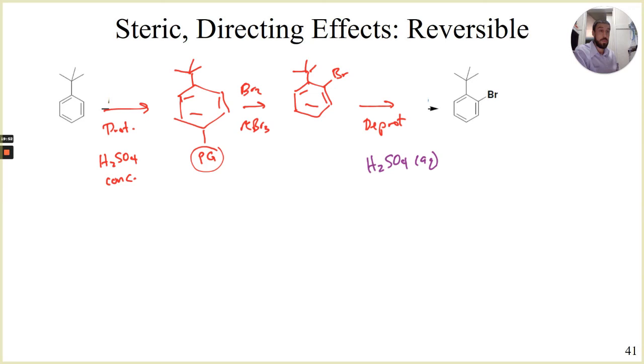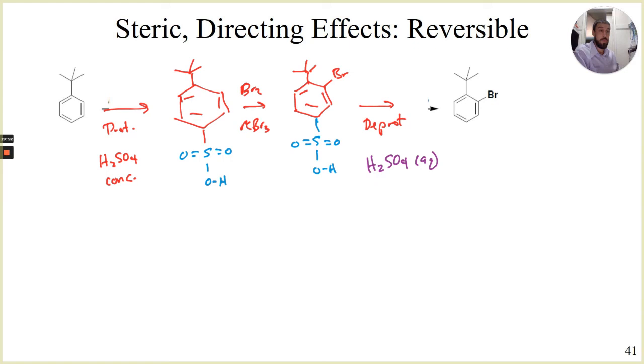So now we've put on that sulfate. It's no longer just a protecting group here. We would put on the SO3. That SO3 blocks the para position to substitution, so that when I do the Br2 and FeBr3, the only available site is at the ortho.